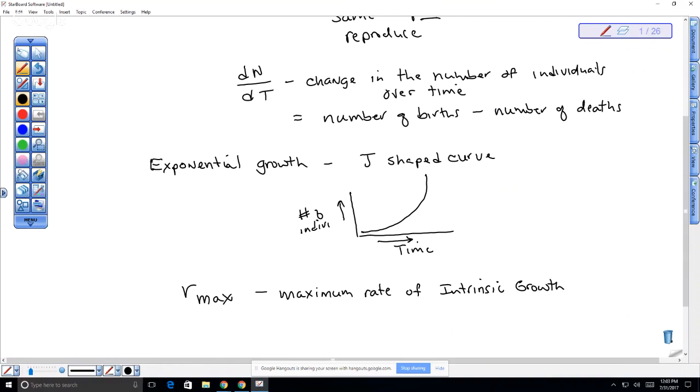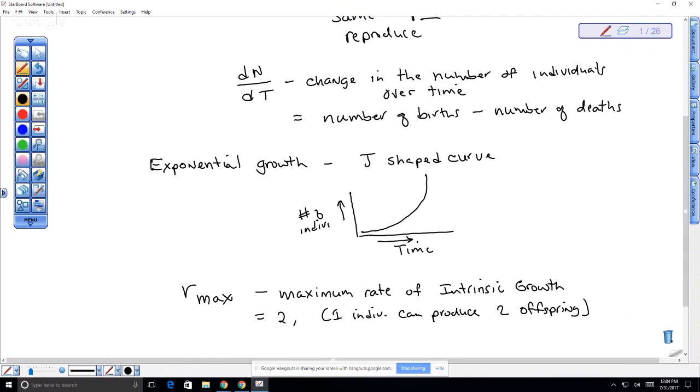And so, for example, if R max equals 2, that means that one individual can produce 2 offspring. Now, when we talk about R max, most species do not reproduce at their maximum rate.